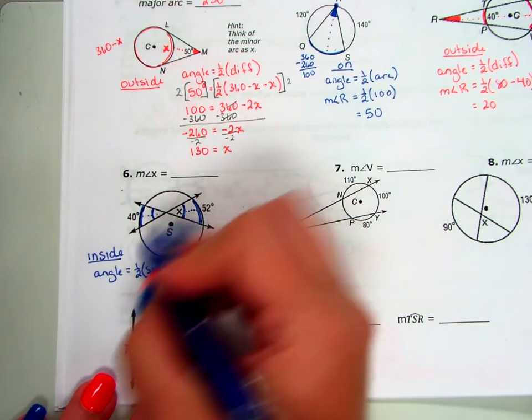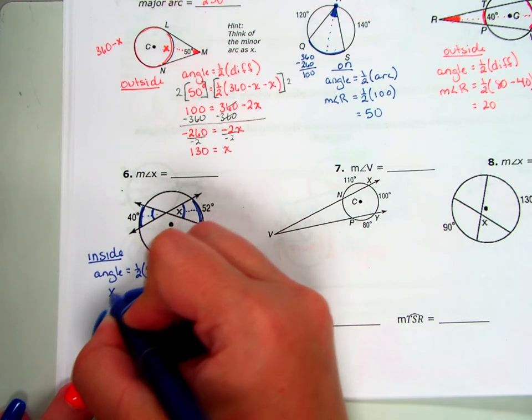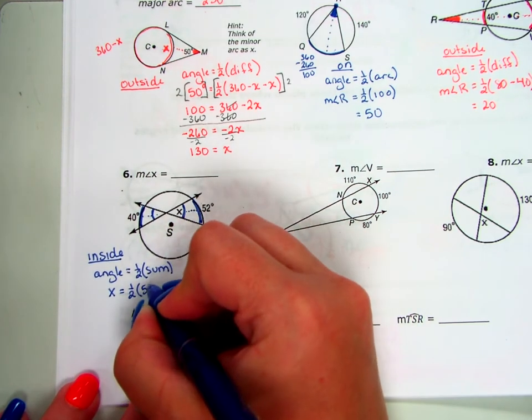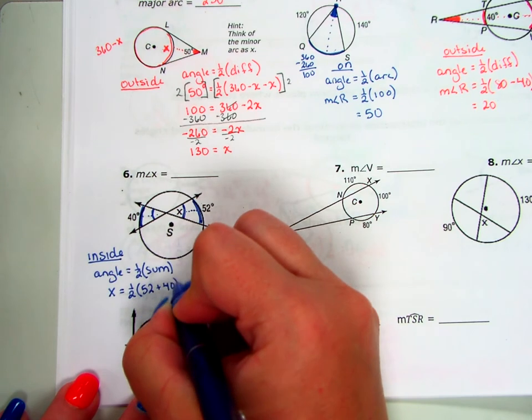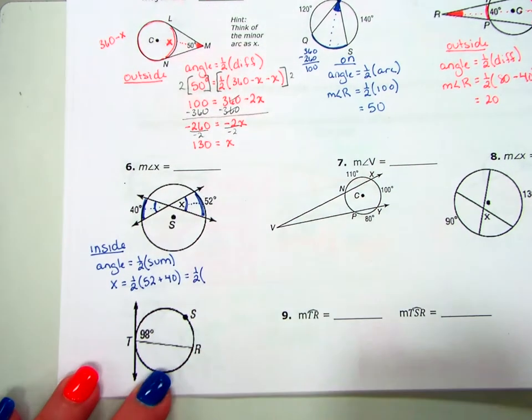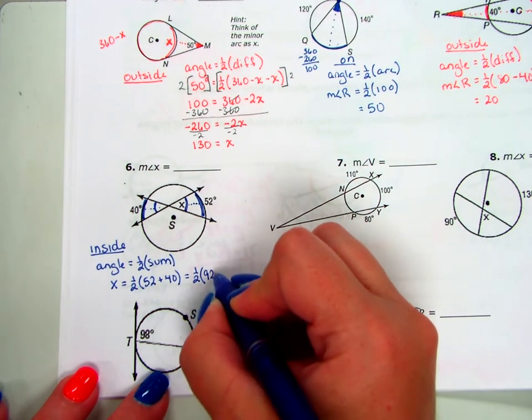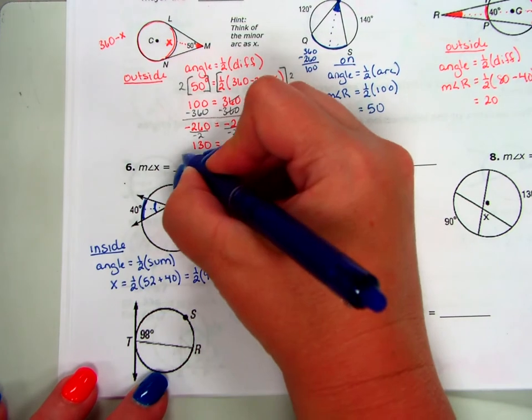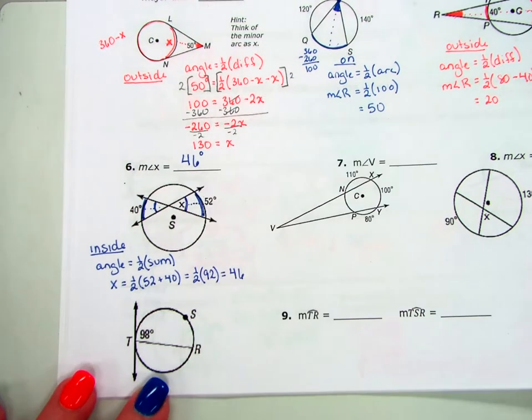Sum. So that angle, angle X, is going to equal 1/2. The two arcs are 52 and 40. So that's 1/2 of, what's 52 plus 40? 92, and half of that is 46.